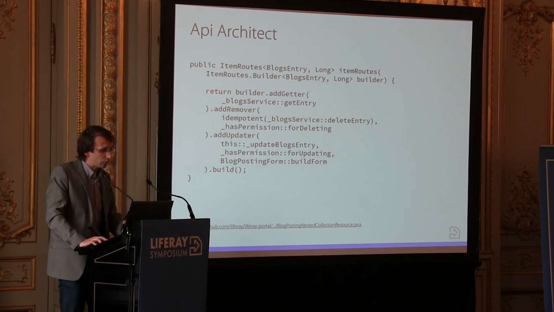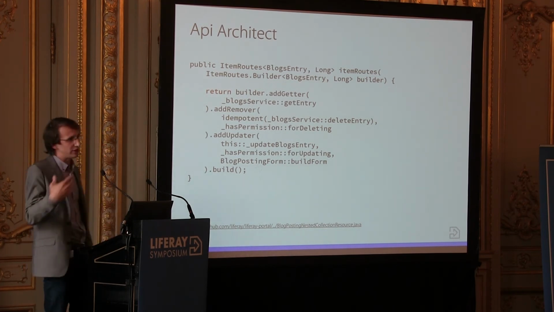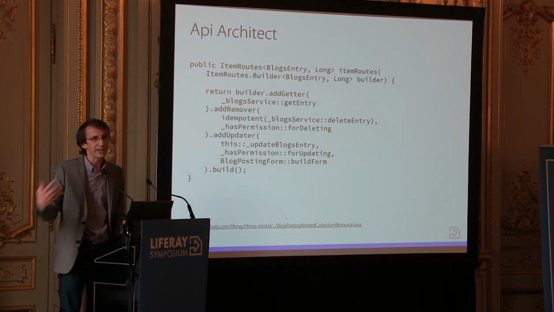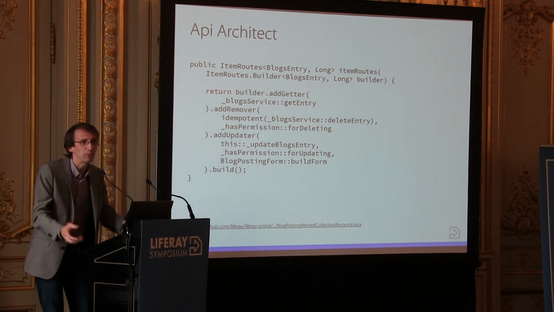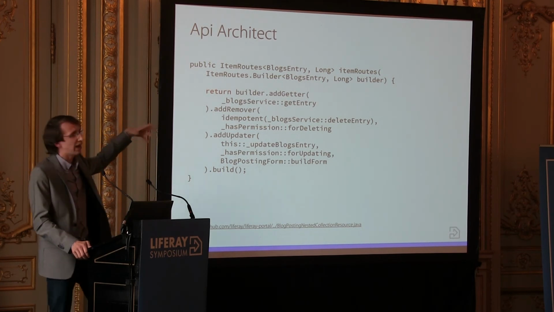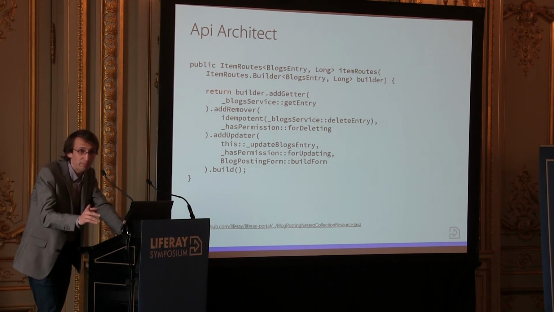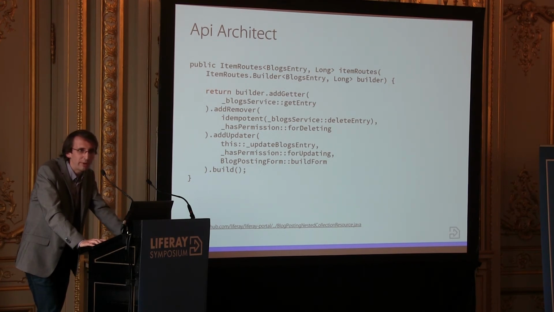And then, of course, you also need to define which of these are getters, which are used to delete entities, and which are used to update entities. And that's what you define in the item routes, right? As I said, all of this is going to be part of 7.1, and with this, it's part of the beta release too. So please, if you have a chance, check it out. I encourage you to provide feedback on it, if you find it useful at all, and what we may have to improve.